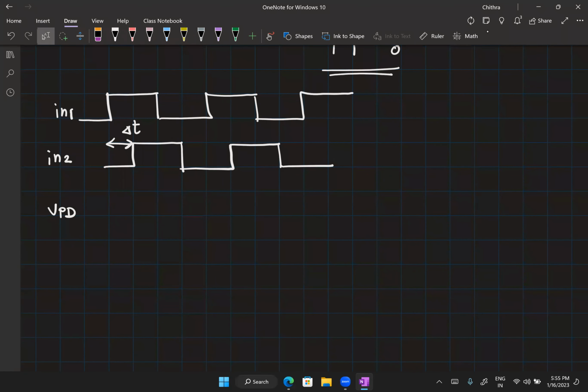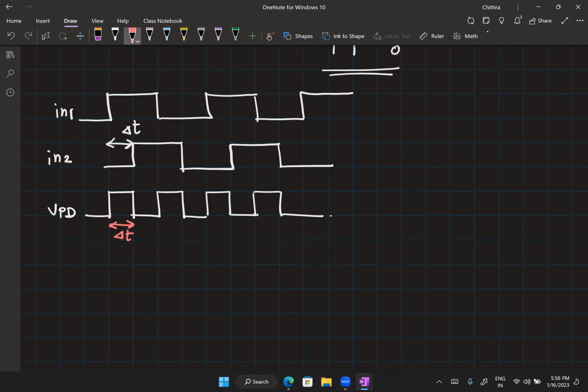So our VPD will look like this. Okay. So this pulse width now has the information that we require. This is delta t, right?